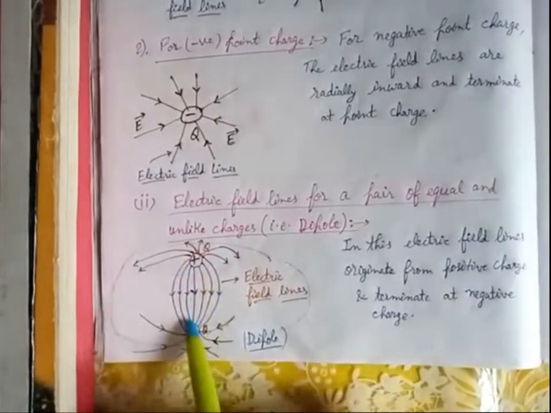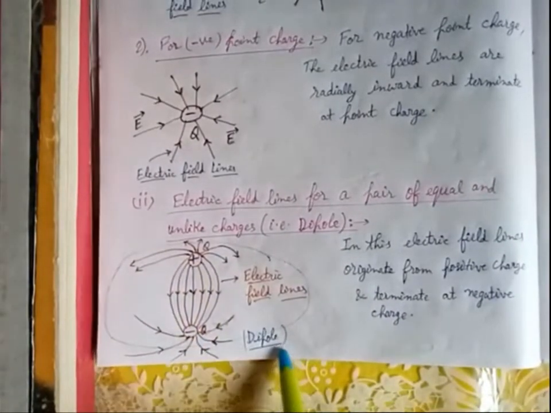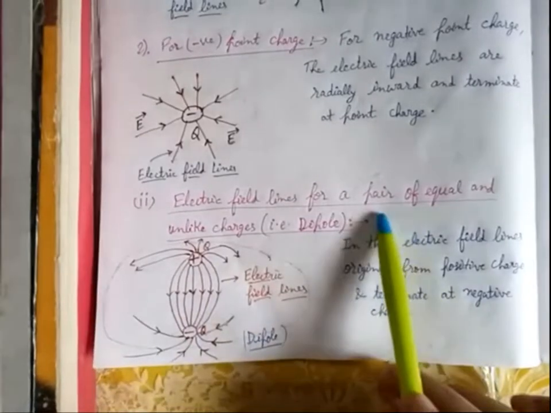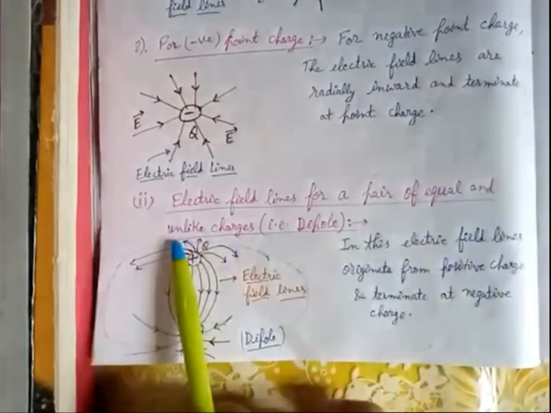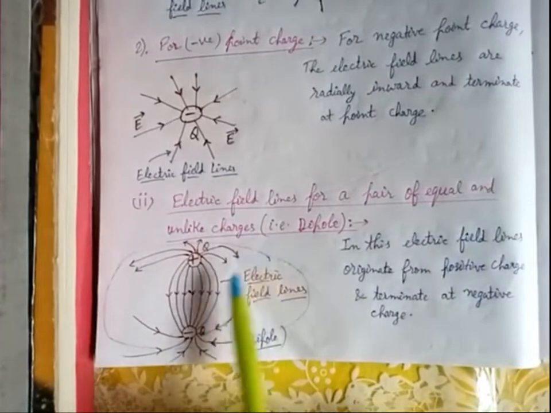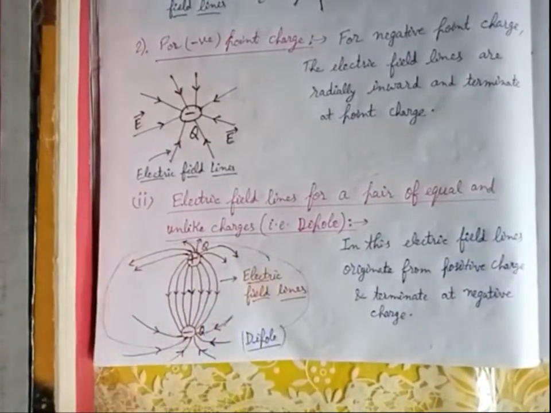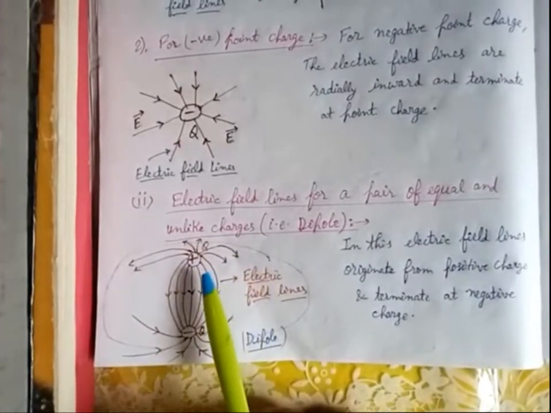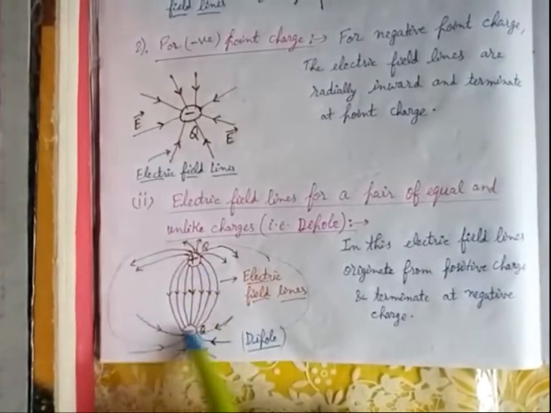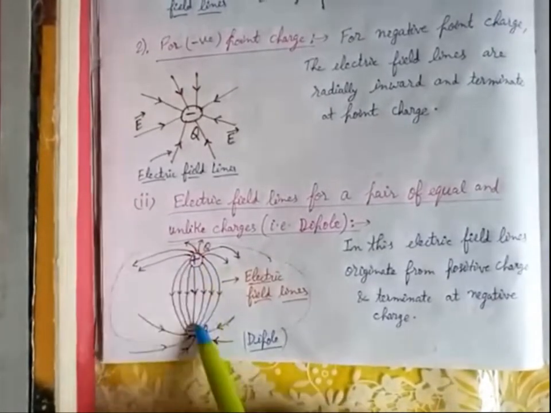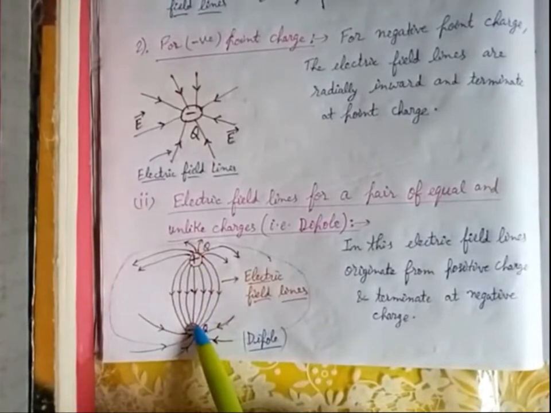These are the electric field lines for a dipole, or a pair of equal and unlike charges. This is the drawing for electric field lines when there are two equal and opposite charges placed at a certain distance.